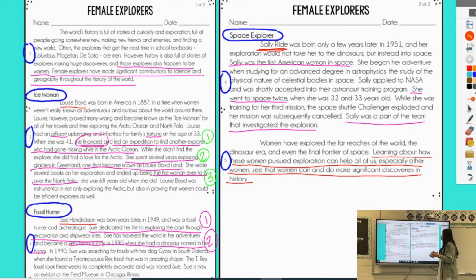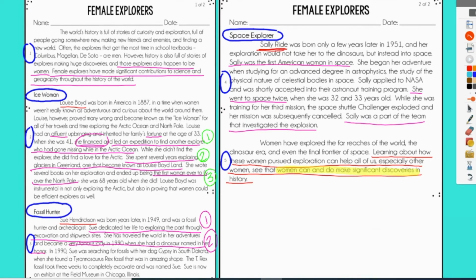The isolated main idea in paragraph 5 is that women can and do make significant discoveries in history. And how do I know that? Because every bit of this answers that. How, right? Key details. Yes, very good.